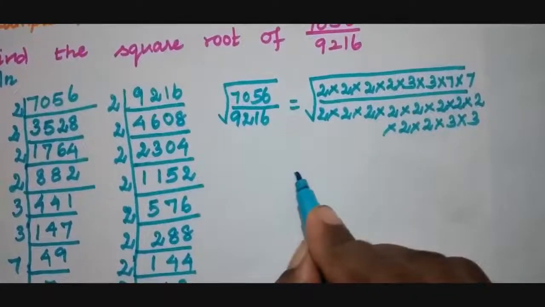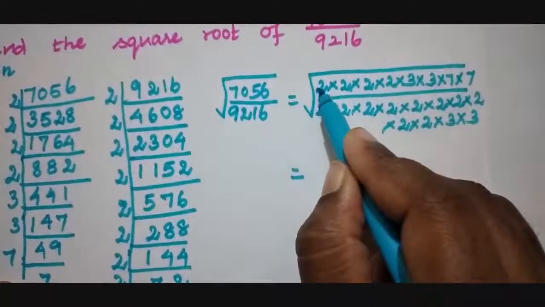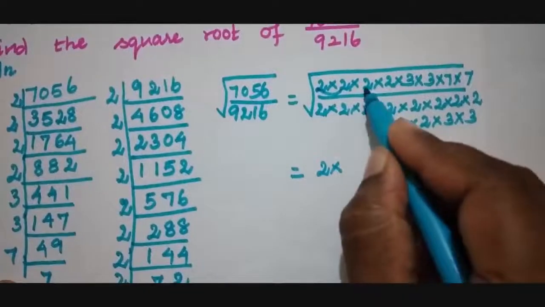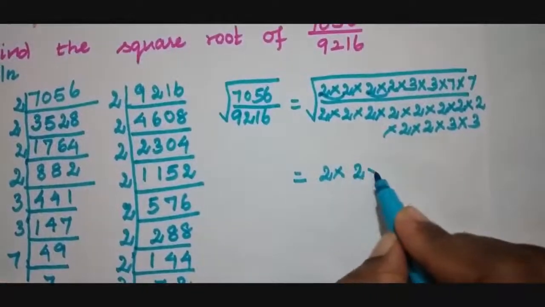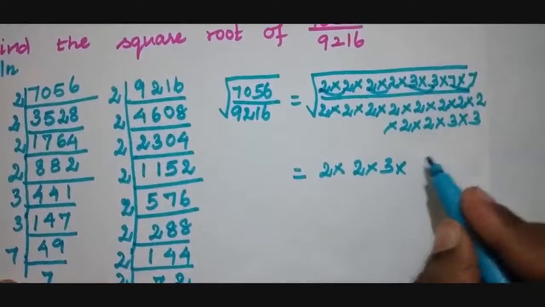So for each pair you have to take one number outside. So for these 2 I am taking one 2 outside, and for this one 2 and 3 and one 7.